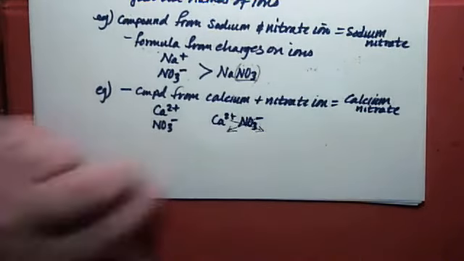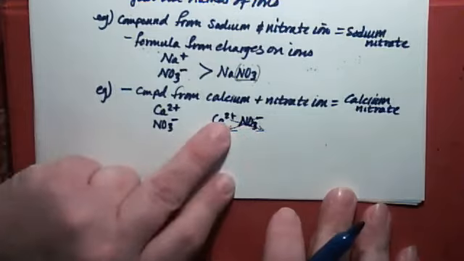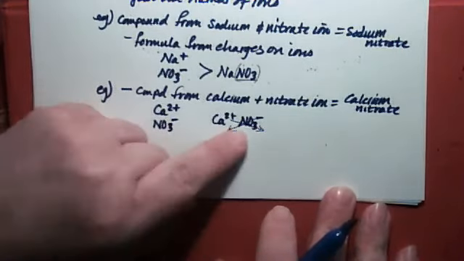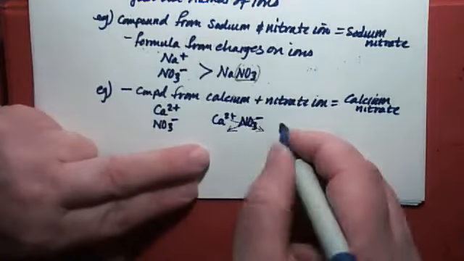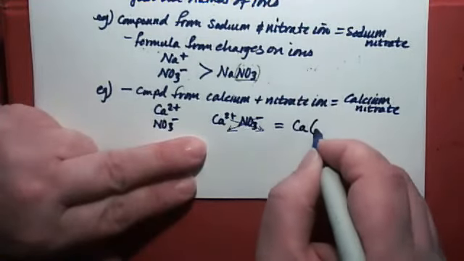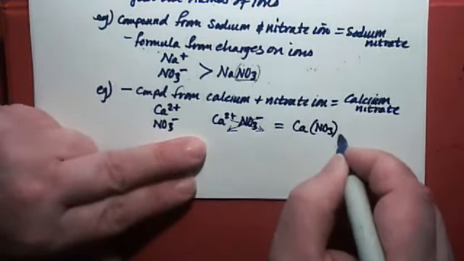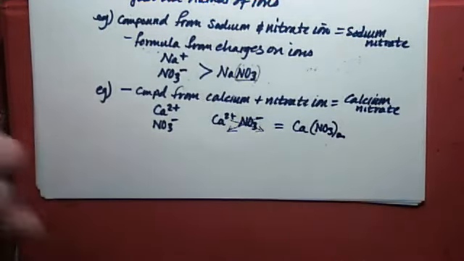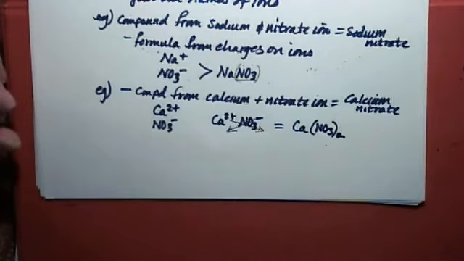Obviously, it's going to take 2 nitrate ions to cancel out the charge on 1 calcium ion. You can also get that result by cross-multiplying. And the formula you end up with would be written as Ca(NO3)2. Ca(NO3)2 would be the formula for calcium nitrate.